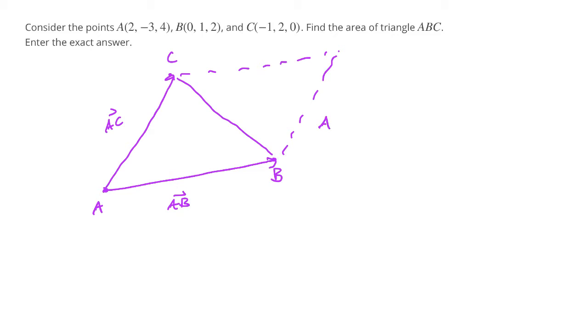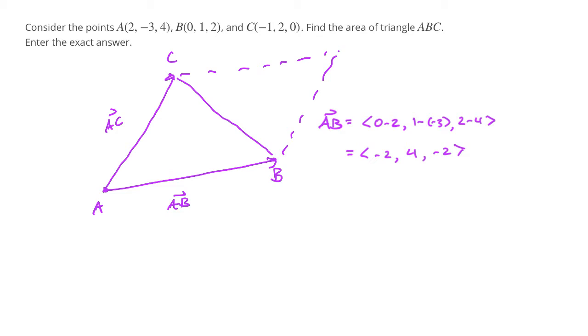For our vector from A to B, we're just going to have the endpoint minus the beginning point. So 0 minus 2, and then 1 minus a negative 3, and finally 2 minus 4. And so we end up with our vector from A to B being negative 2, 4, and negative 2.